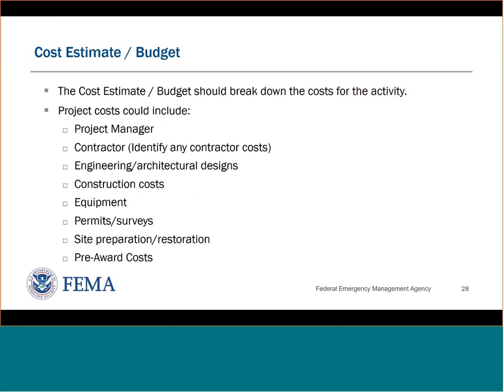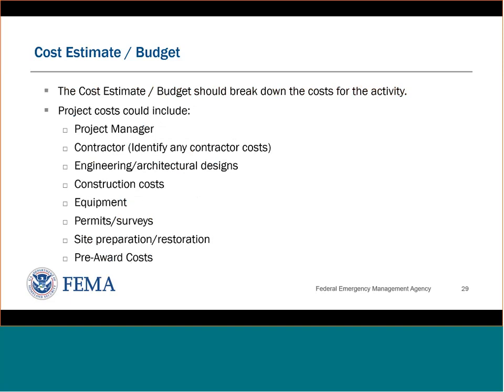And the kinds of things that you want to put in your budget or consider for your budget are these sorts of costs. A manager, someone you hire or have in your community to manage the project from start to finish. Contractors, if you have to hire contractors to do the work.